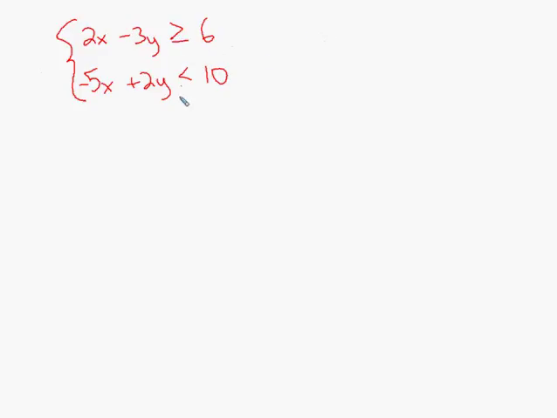And how do I know I need to graph it versus doing elimination? Well, it's not equal. So I can't do an algebraic method. So the first thing I need to do is solve for y, so I can get it into slope-intercept form. Okay, so I'm going to solve this first equation for y.